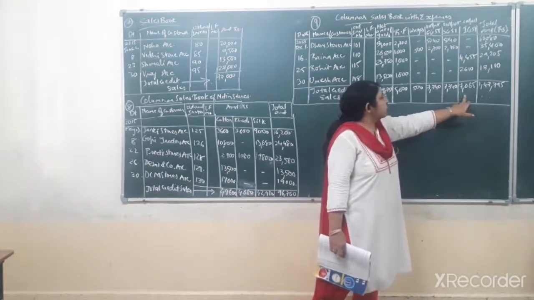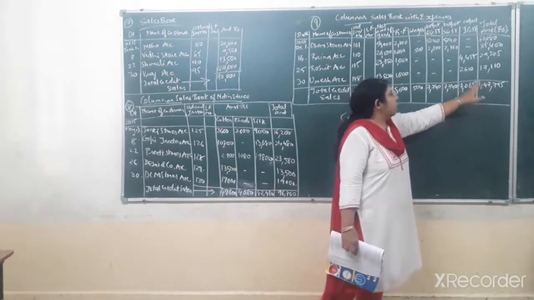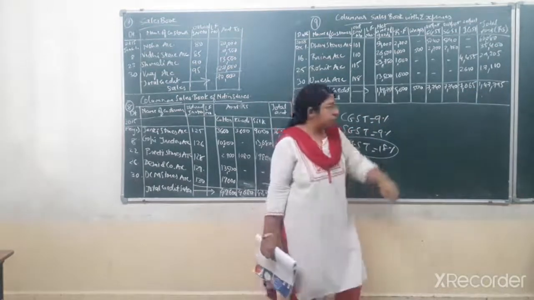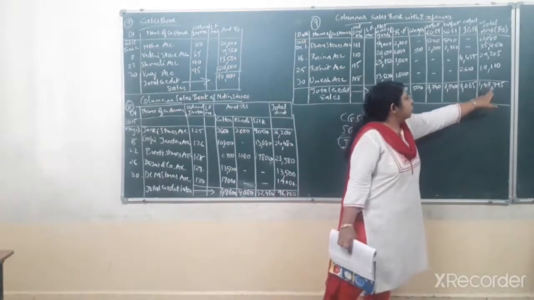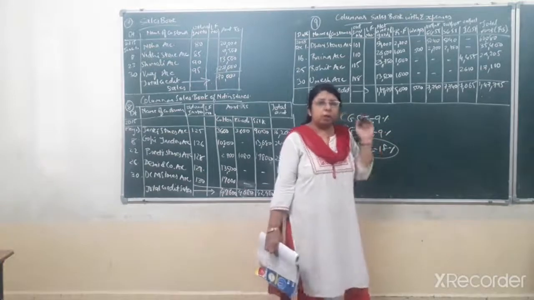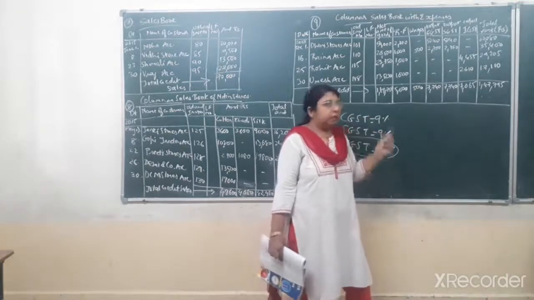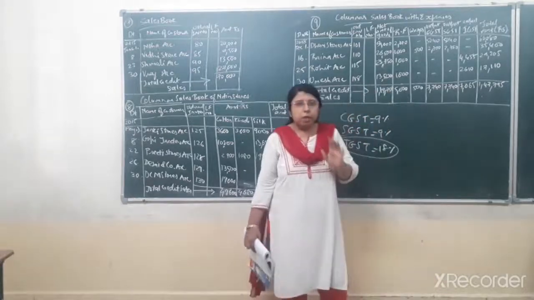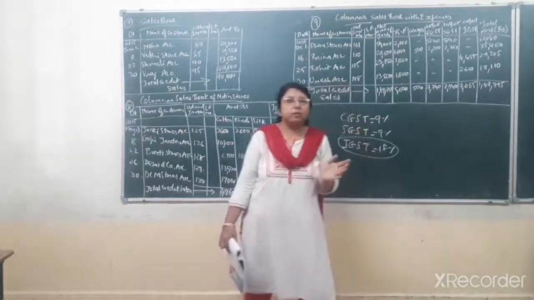Total of IGST will come to 7,065, and the grand total including all the expenses and the taxes would come to 1,47,795. Again I am repeating, students, after completion of the sum, verify that the horizontal total and the vertical total are equal. It gives an assurance that your answer is correct.